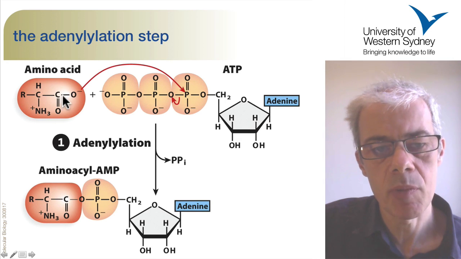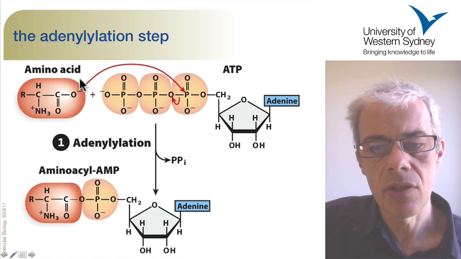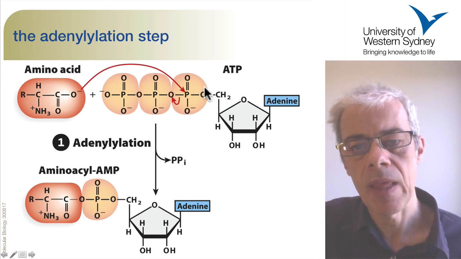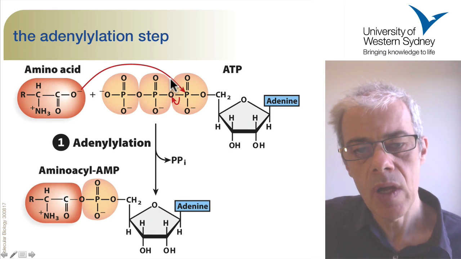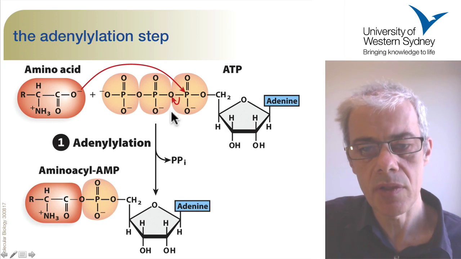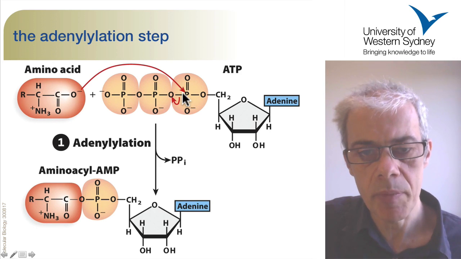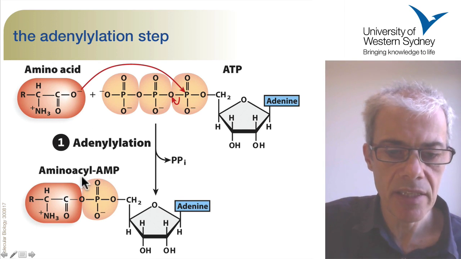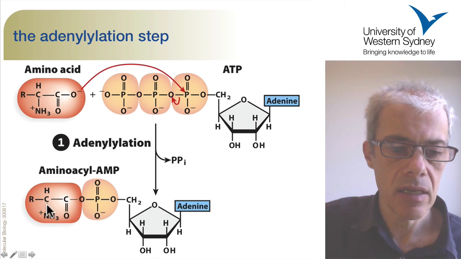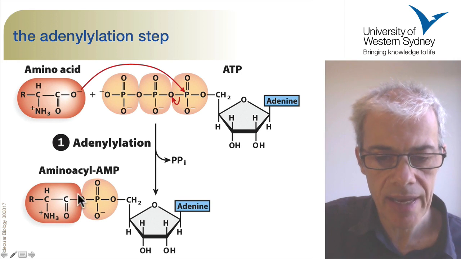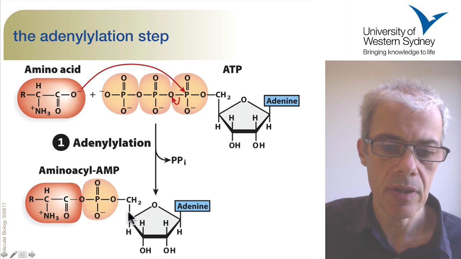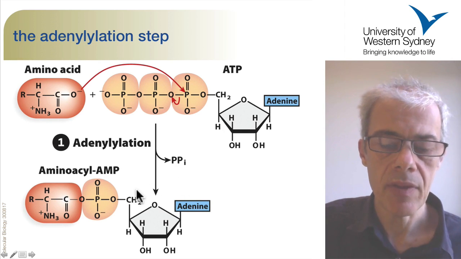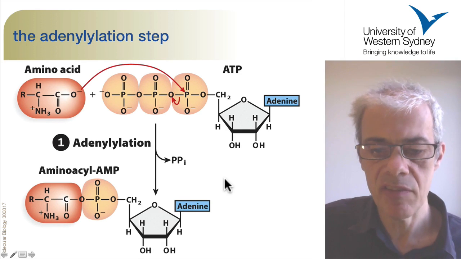Now this carboxy group is attached to an adenine nucleotide, so ATP, and two high energy phosphate bonds are cleaved here, and the phosphate group here is attached to the carboxy group to form this aminoacyl activated amino acid. So here's the amino acid now attached to this adenyl group. Now that's the first step in the activation of amino acids.